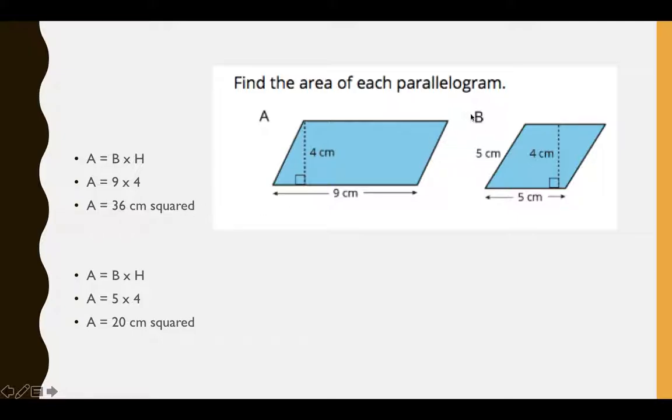For figure B, again, I remember we're looking at a parallelogram. So the formula to find the area of that parallelogram is area equals base times height. We need to find our base. We need to find our height. A quick way, like I just mentioned with figure A, is just find out where that right angle is and multiply the two numbers that are making contact with that right angle.